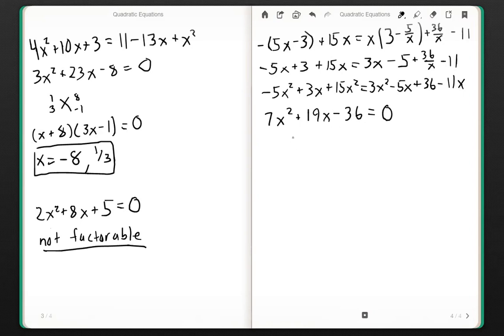And this one, this is interesting. It looks like a much stranger problem than that one, but this one over here actually was not factorable, even though it looks very simple. And this one is factorable, even though it looks kind of strange. So we'll have 1 and 7 over there. How do we get to 19 using factors of 36? Factors of negative 36?